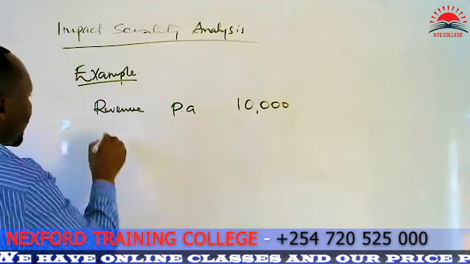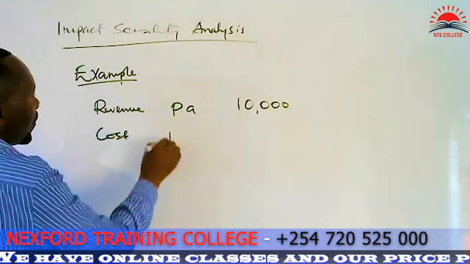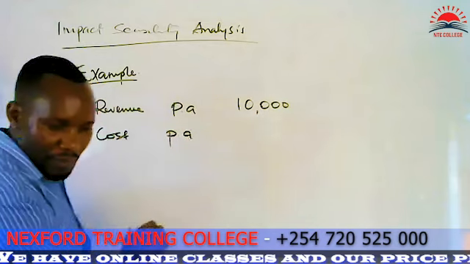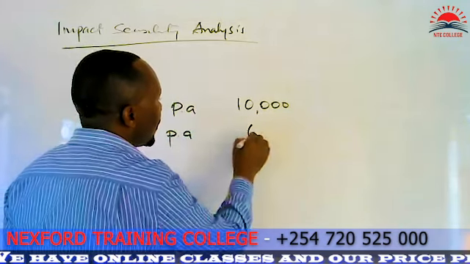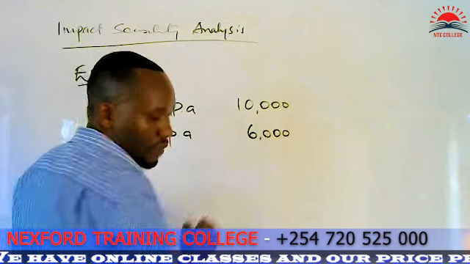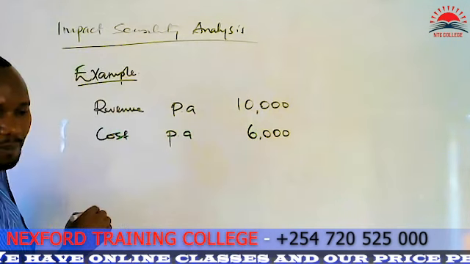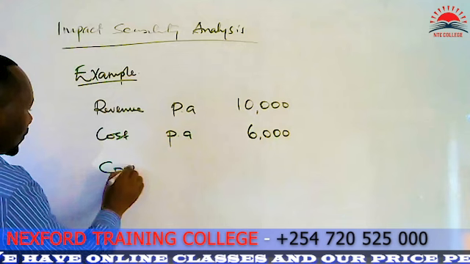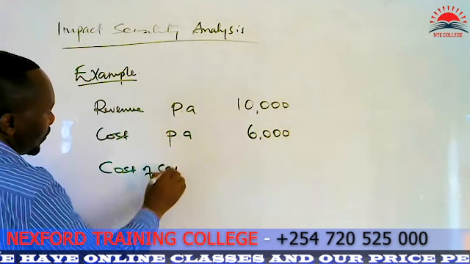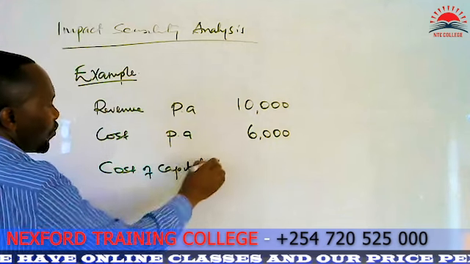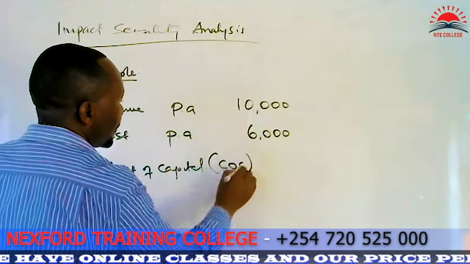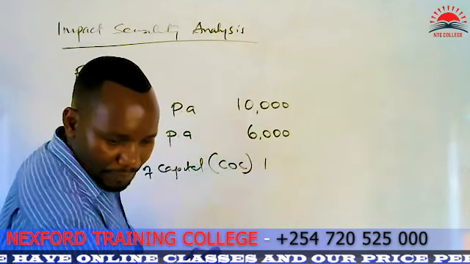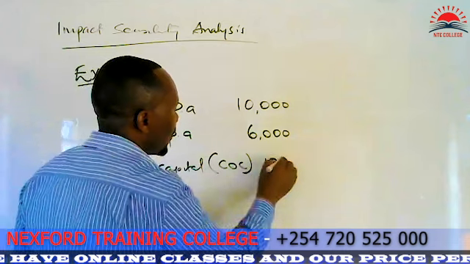Then we have cost per annum of 6,000. Then we have the cost of capital, which we shall be writing as COC, given as 10%.